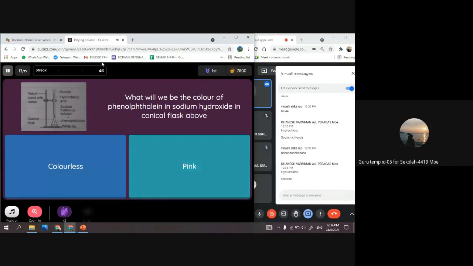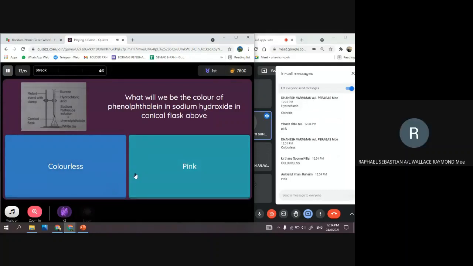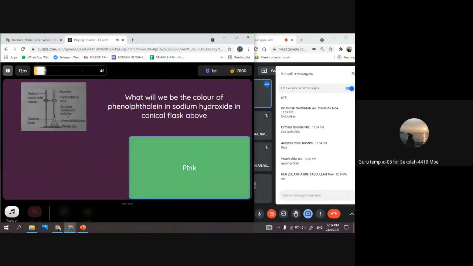Tak payah kita tengok. Ini what will be the color of phenolphthalein and sodium hydroxide in conical flask above? Colorless or pink? Pink. Okay, Rama cakap pink. Okay, betul pink.